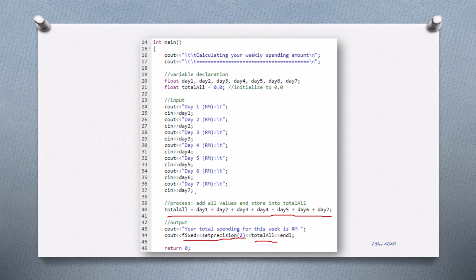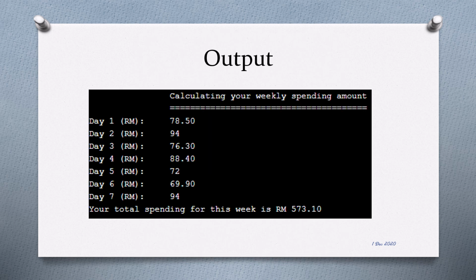One example is, in this case you ask the user to enter the values. So I give all the values, and at the end it will total up all the values. See, nicely displayed. All of the values add up to 573 and 10 cent.